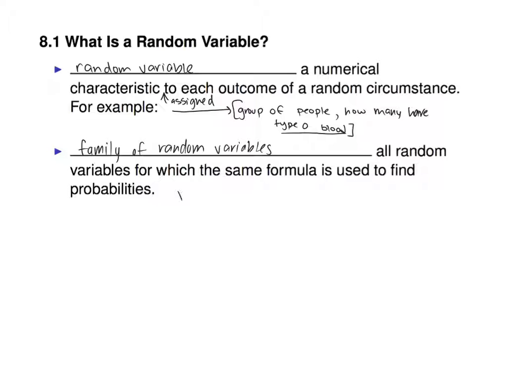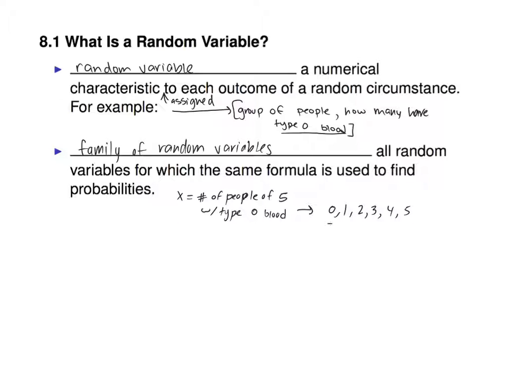So if I have X, which is, say, the number of people out of 5 with type O blood, how many people in that group of 5 can have type O blood? None, right? What else? 1, 2, 3, 4, and 5.